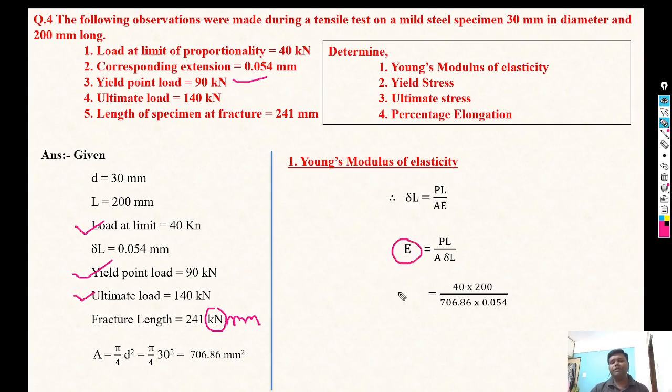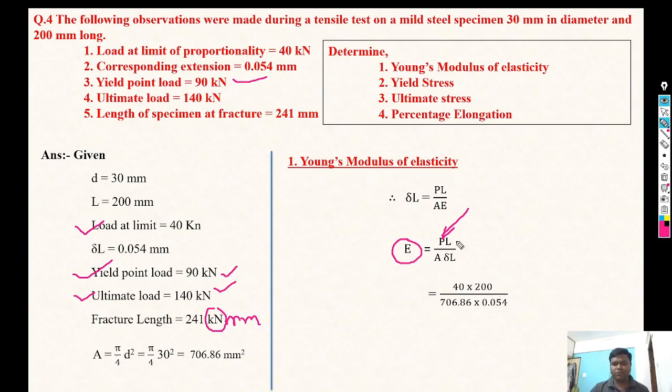But here we require the modulus of elasticity, so we need to consider the load only within the limit of elasticity, correct? We are not considering load at the yielding point or ultimate point. So for the modulus of elasticity we are considering load at the limiting point.